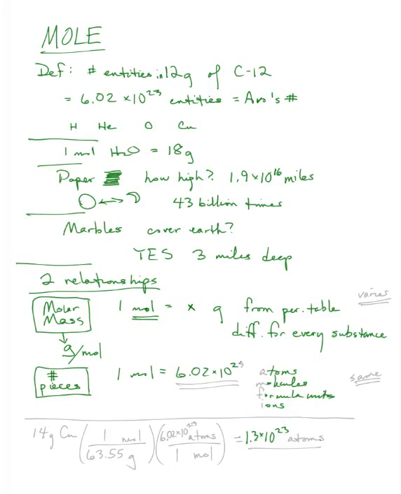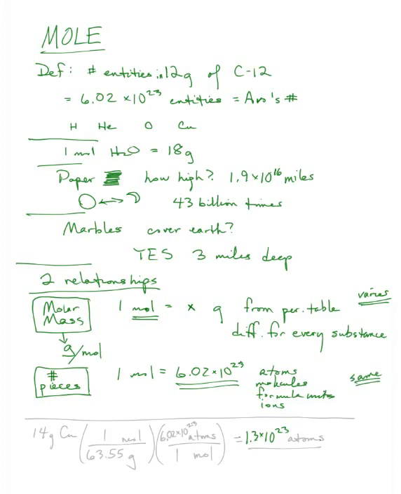It doesn't matter whether it's atoms or molecules or formula units or ions. It's always 6.02 times 10 to the 23rd. So molar mass varies with every substance, and the number of pieces is the same for everybody.